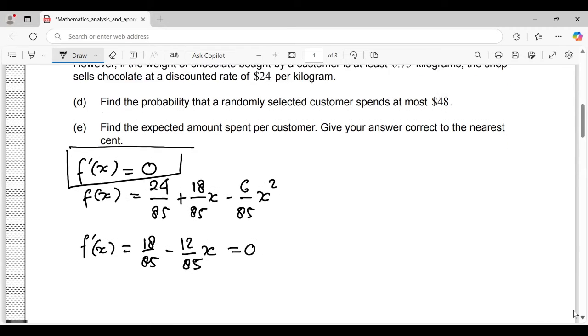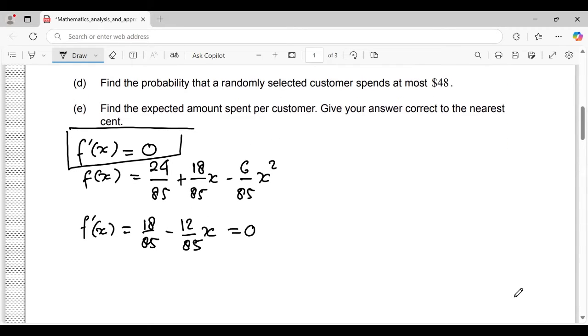If 18 over 85 minus 12 over 85 x equals 0, we can determine x.